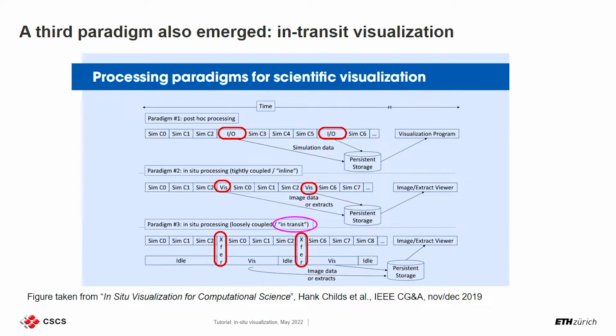The third alternative is to do in-transit visualization, where instead of saving data to disk at regular intervals, or doing some visualization and feature extraction at regular intervals and saving the result of the visualization to disk, I will momentarily stop the solver for the solver to transfer its data to an alternate compute resource.